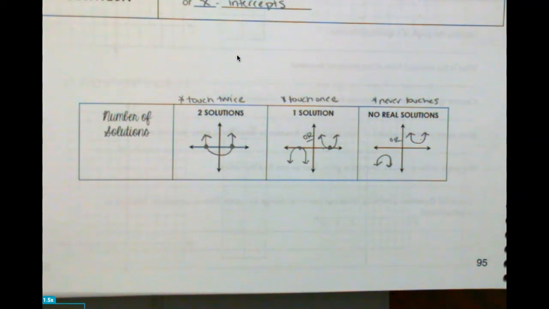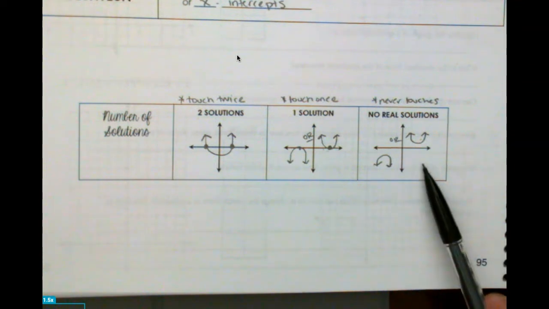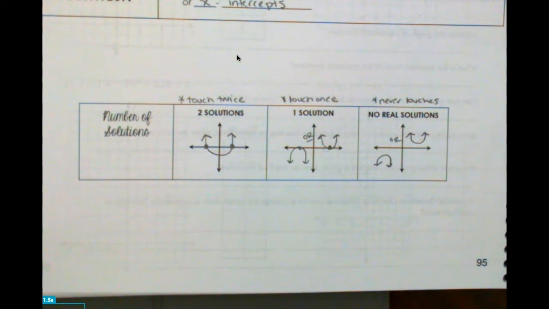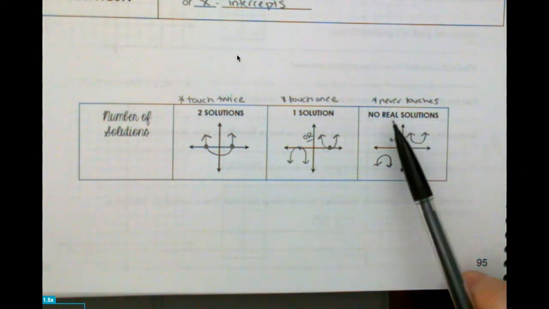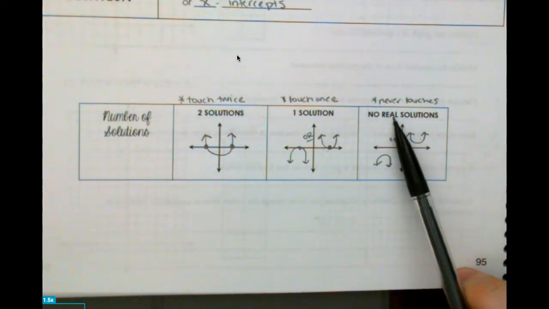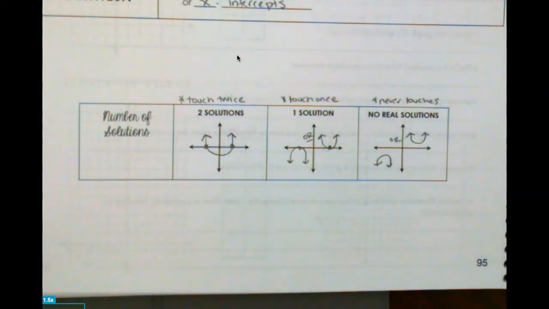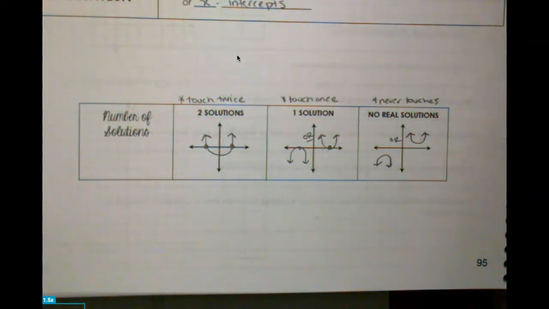We actually call those complex numbers, and you'll learn a lot about those in Algebra 2. We're not going to touch too much on it in this class, but this kind of graph where it doesn't touch the x-axis at all is a very special situation with no real solutions, keyword real. It does have complex solutions. So these are the three types of parabolas we're going to be looking at in terms of x-intercepts in factored form.